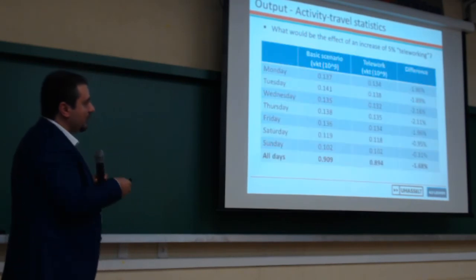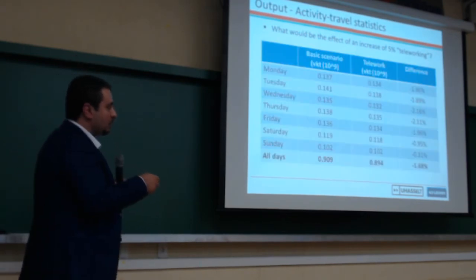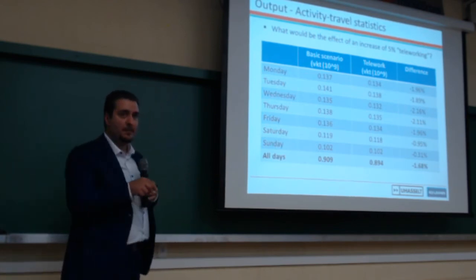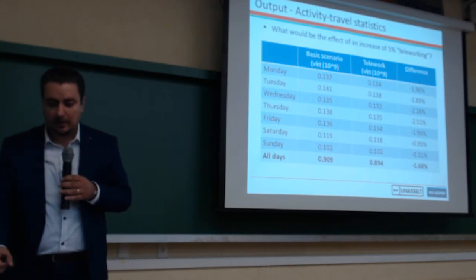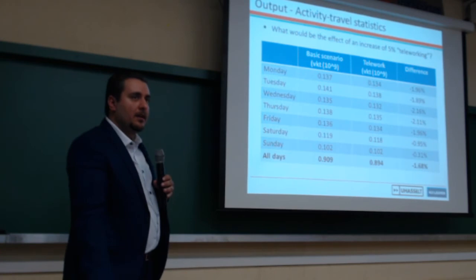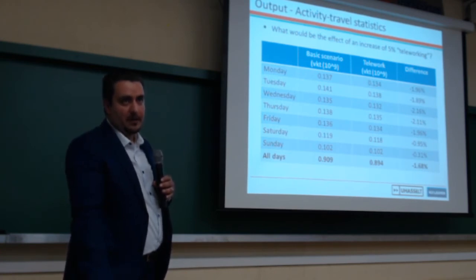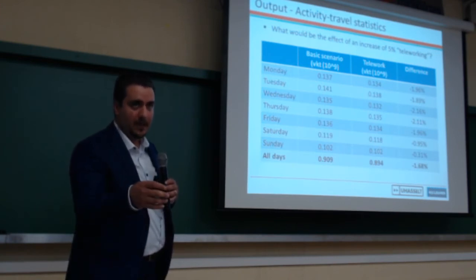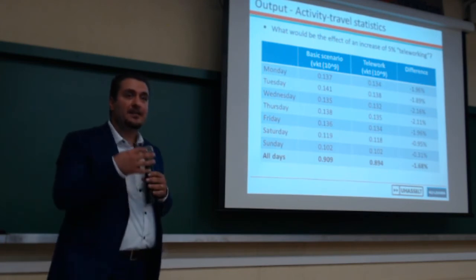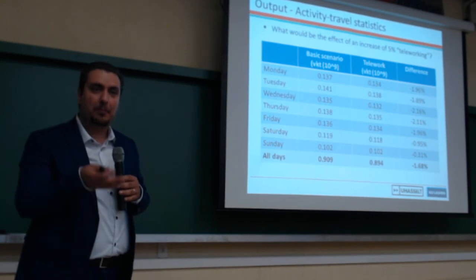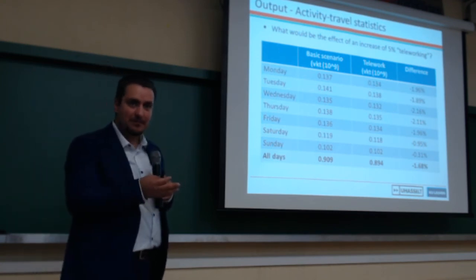But if you look at different days of the week, you can see that the greatest reduction is on Wednesdays. This is actually true because in Belgium and in Flanders, on Wednesdays, schools are half-day open. Schools are only open until 12. Everybody goes home, which basically makes Wednesday a more attractive day for parents to stay at home.